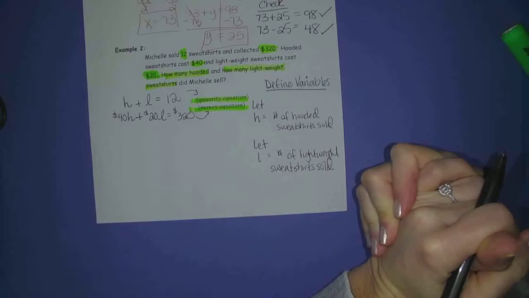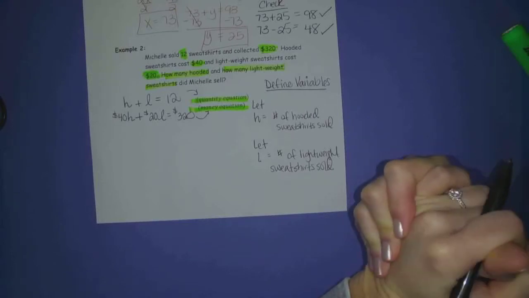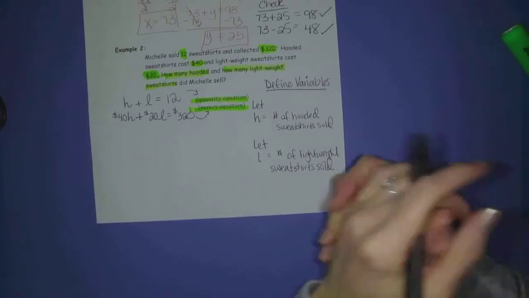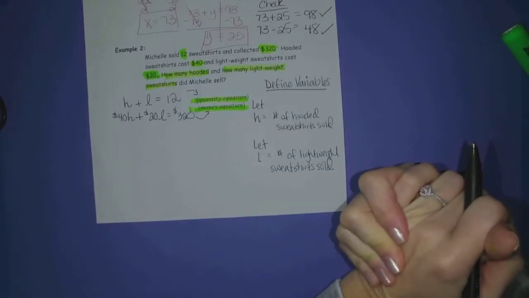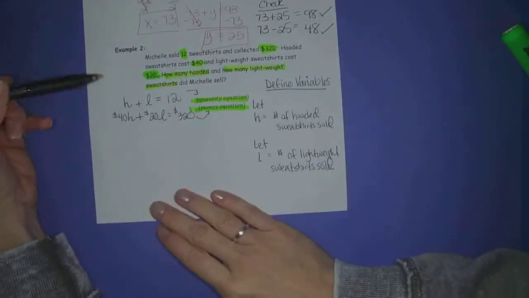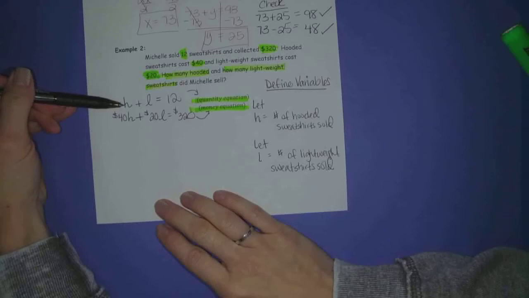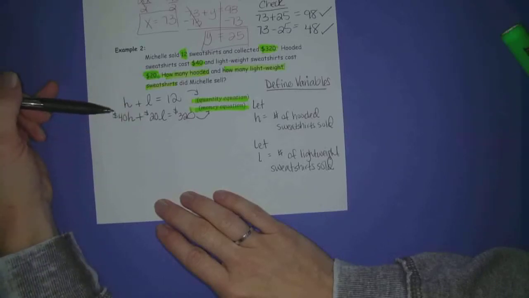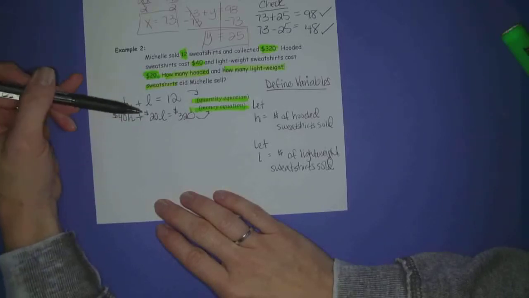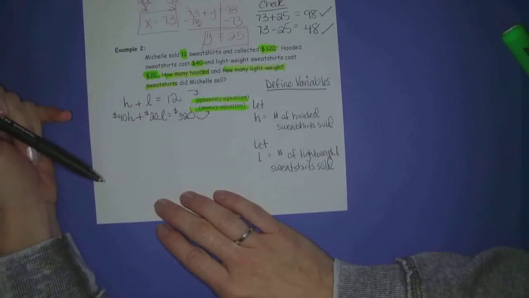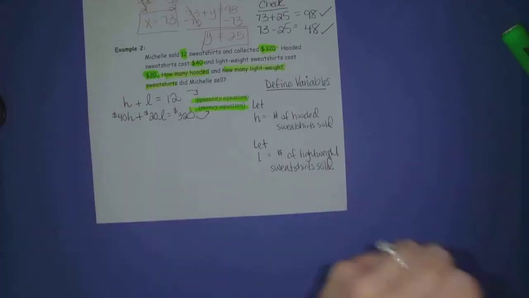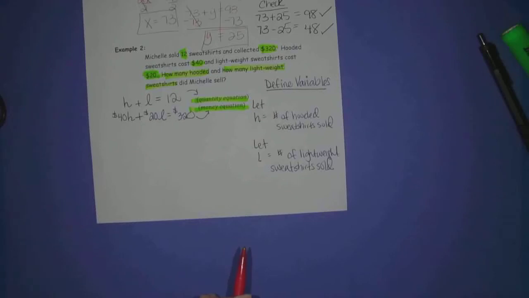I'm thinking elimination method is going to be our best bet once again, because both equations are in standard form. But unlike the easy first example, right now we do not have a situation where our h's or our l's are going to drop right out. But it's a pretty quick fix on how we can get that to happen.